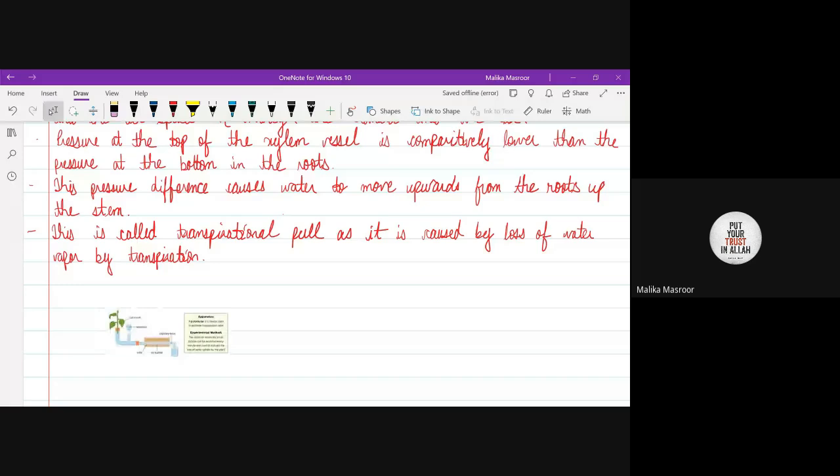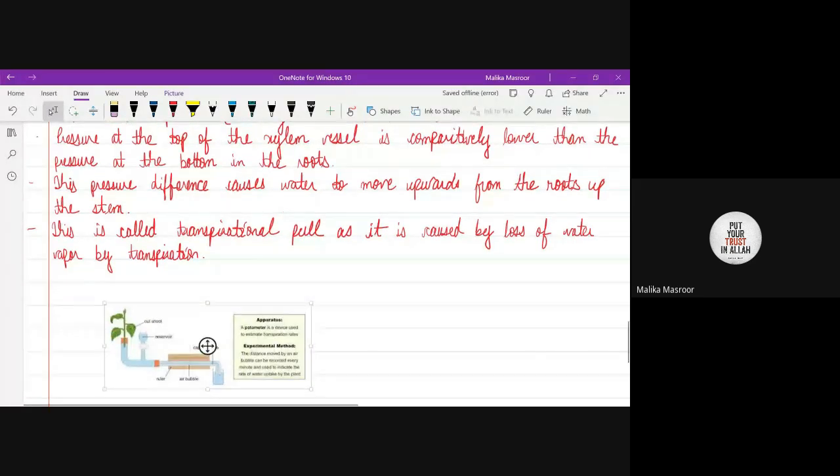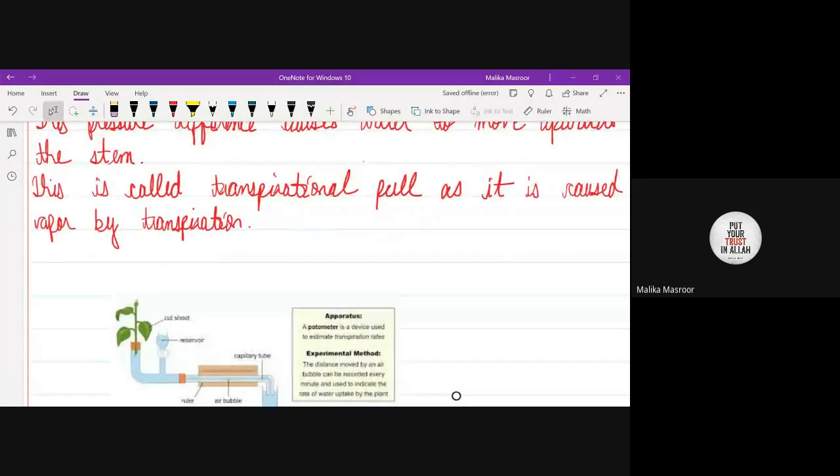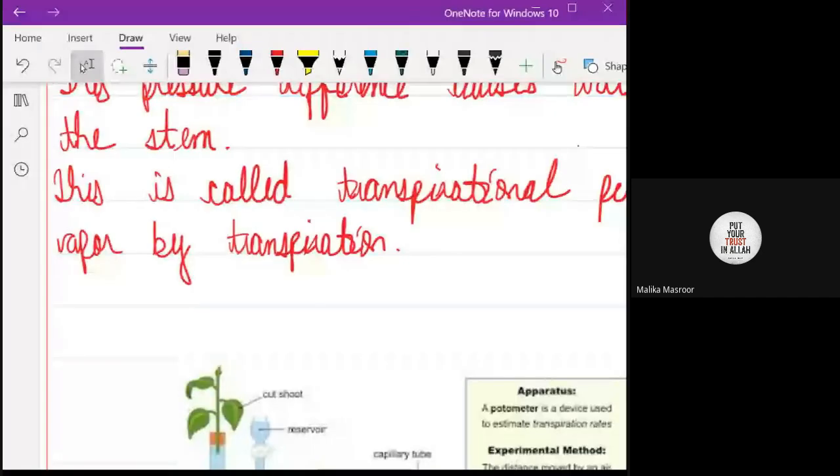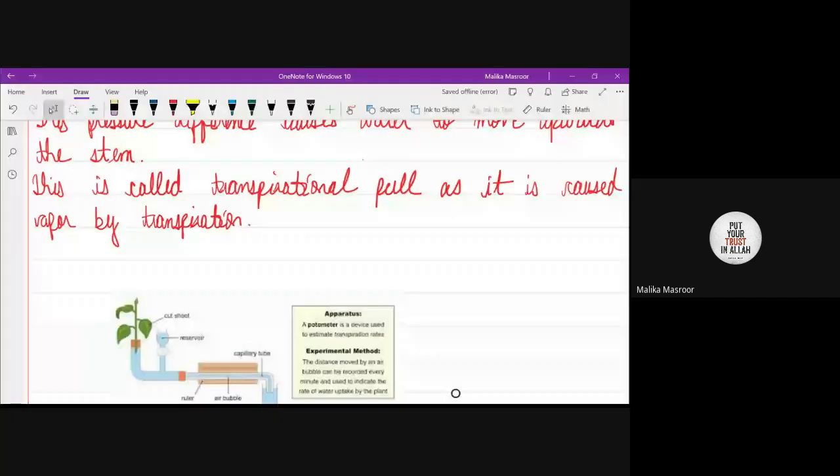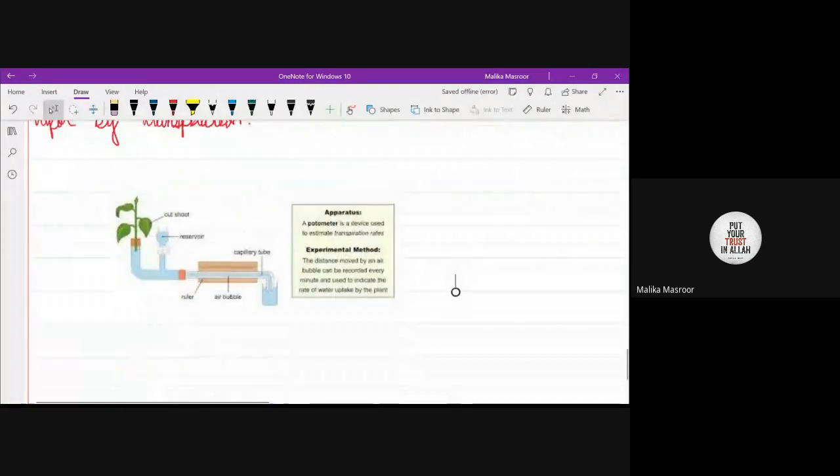Okay, you can use a potometer. Okay, this is a shoot. It transpires from here, and you basically have an air bubble here.